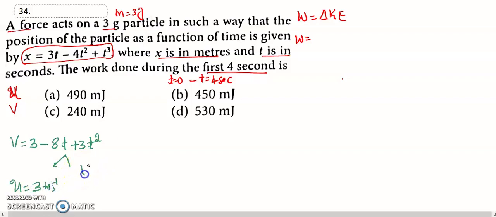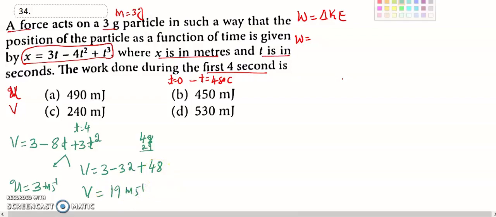Then final velocity: t is equal to 4, so 4 into 8 is 32, plus 48. Final velocity is 3 minus 32 plus 48, which is 19 meter per second.